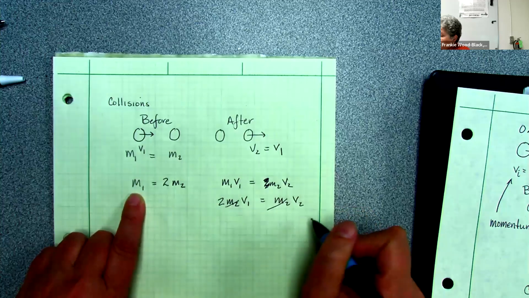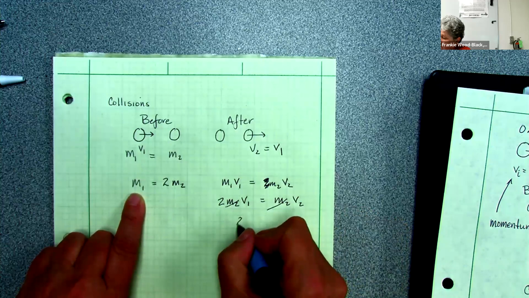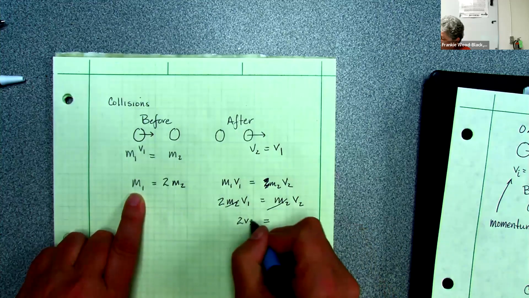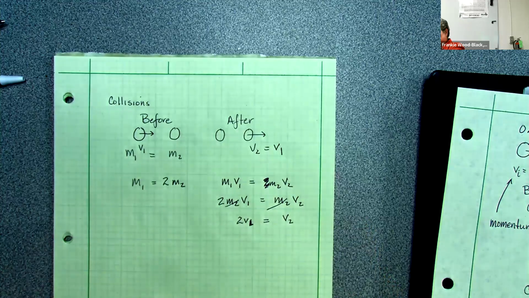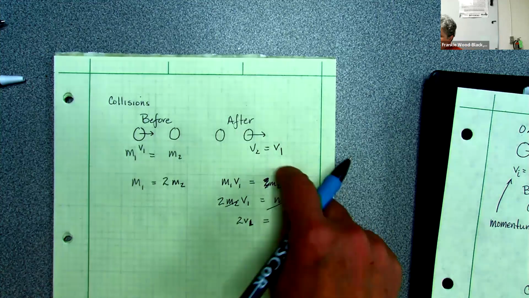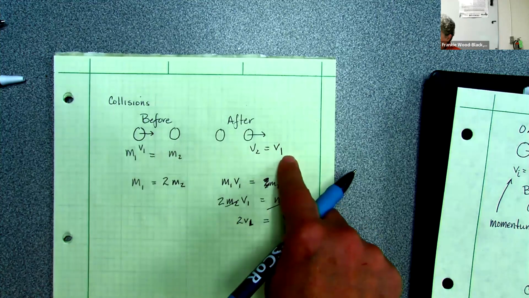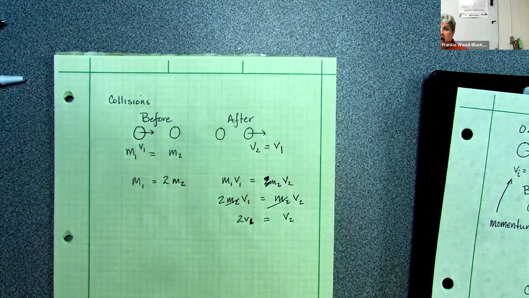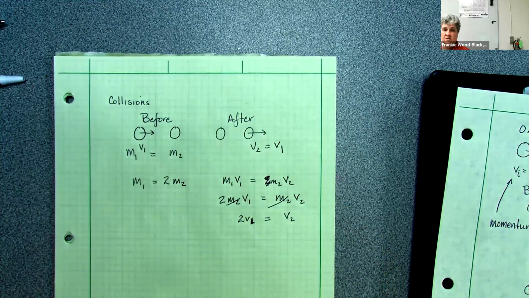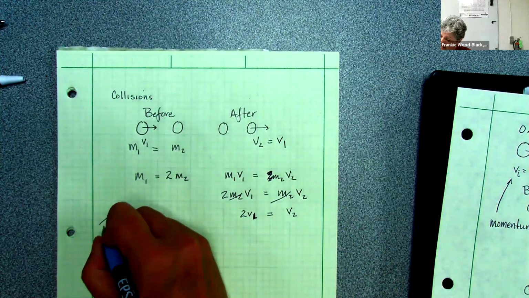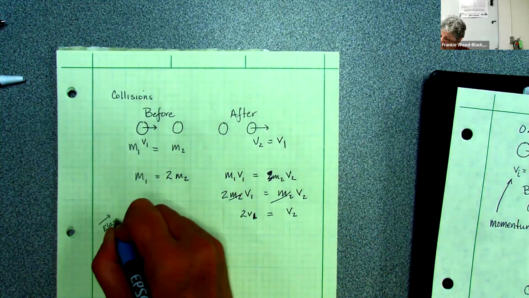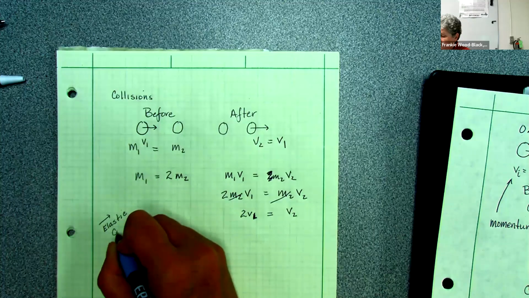Those will cancel, and twice V1 will equal V2. Or it's going to go off as half of the velocity. So we can actually predict how fast something's going to go when those velocities change. And again, this is when we deal with an elastic collision.